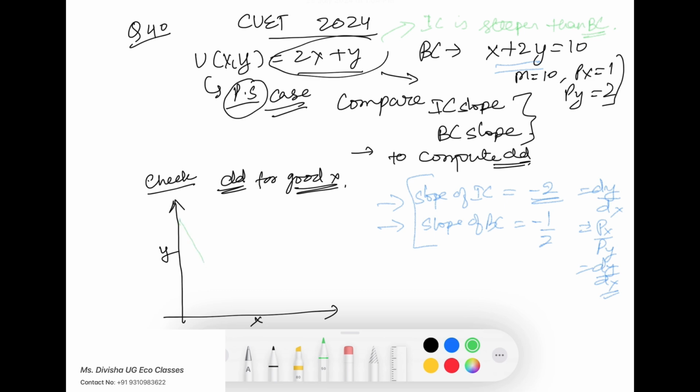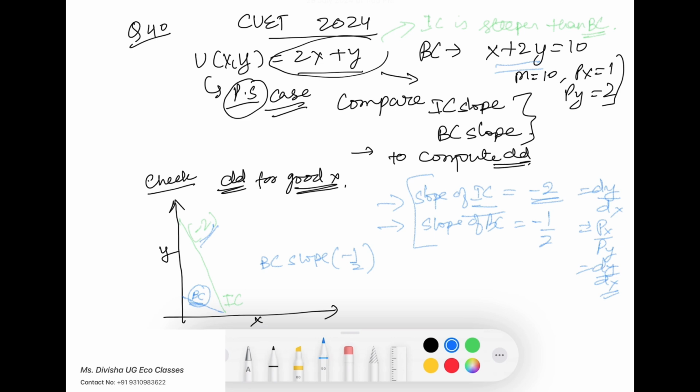So let's plot the indifference curve with the slope of minus 2, and let's plot the budget constraint, which has a slope of minus half.